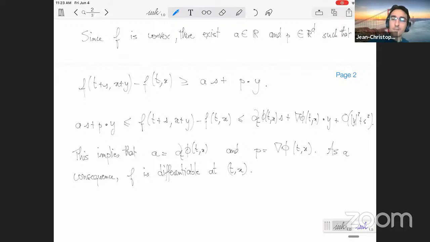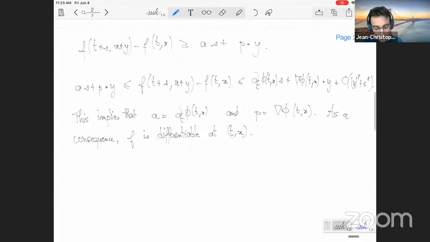Oh, actually, I think later, shortly afterwards, I'm going to actually prove that there always exist these A and P. So if you find that bizarre, in fact, I think I actually give an argument that implies this actually.